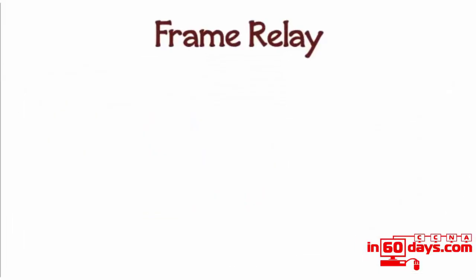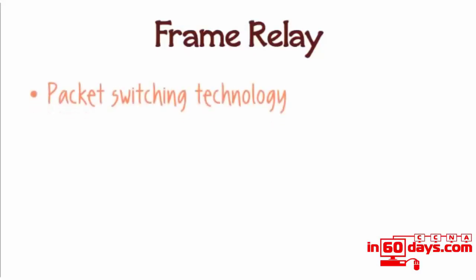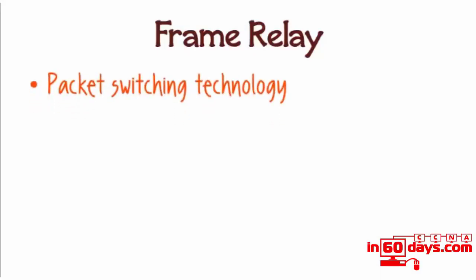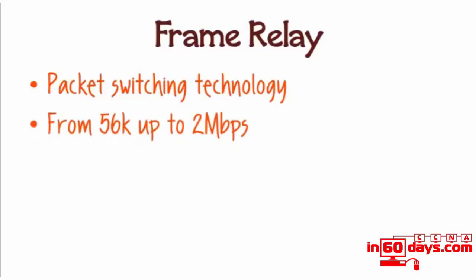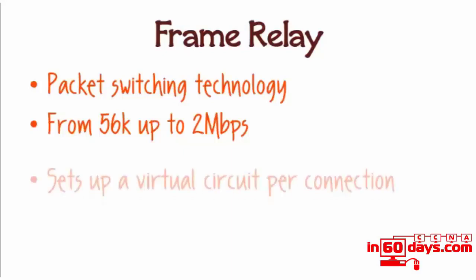Frame relay is another really common one. I say common, it is used in some places and it's still in the exam syllabus, although it's not as common as it used to be at all. So frame relay is a packet switching technology. The connection can really only go up to 2 meg, and it does start off at 56k, which is obviously a very slow connection now.